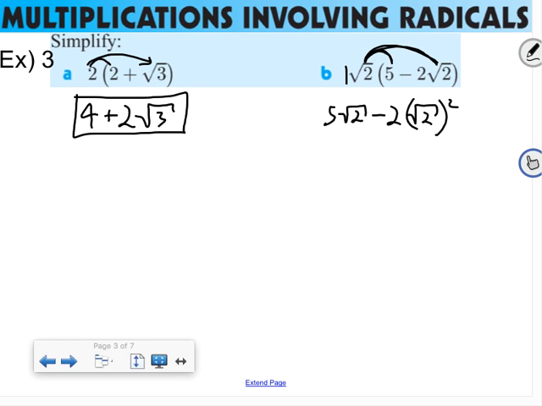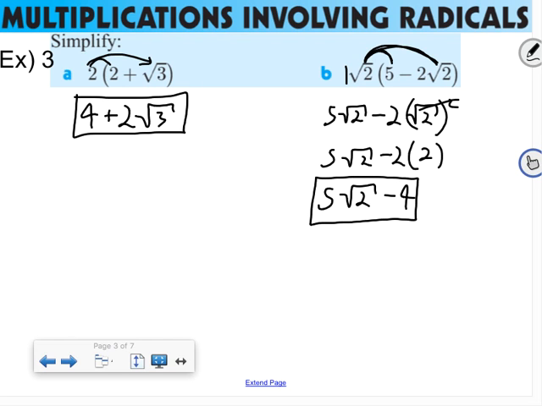Well, that's going to cancel out, so I'm going to get 5 square roots of 2 minus 2 times 2, because the square of a square root will cancel them out. And then negative 2 times 2, I'm going to get 5 square roots of 2 minus 4. And that's my final answer there.